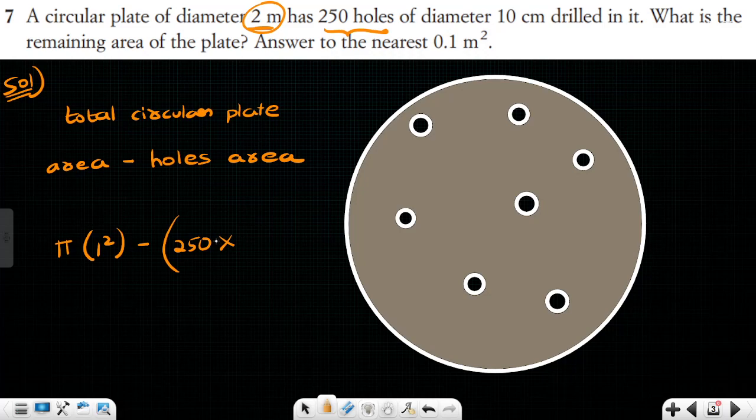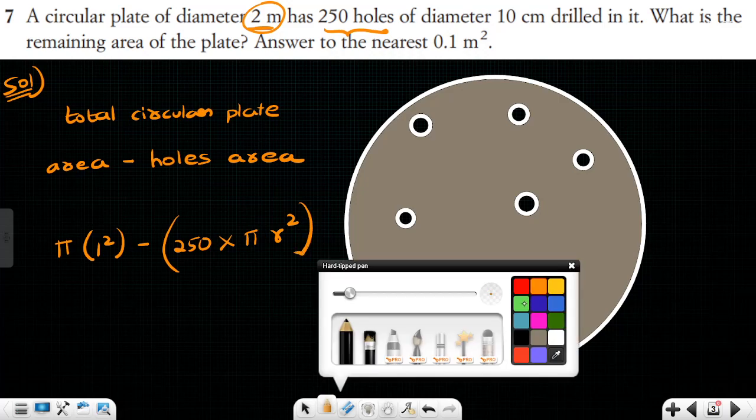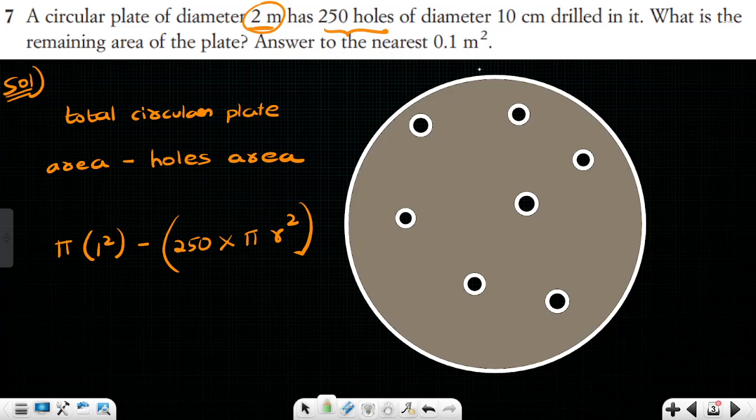Actually you have to be very careful here. Pi into r square, we do it, right? This calculation should be done very carefully. Why? Because here it is in centimeters. So first let's do this calculation on this side. R square, right?